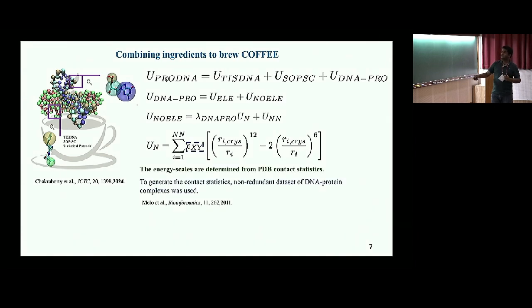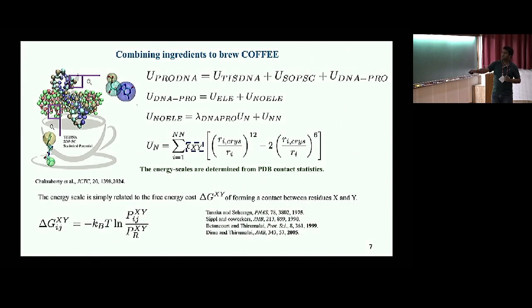The way we went about calculating it is by collecting contact statistics from the PDB database. The energy scale is basically related to the free energy cost of forming a contact between residues X and Y, and this is how we can define it.